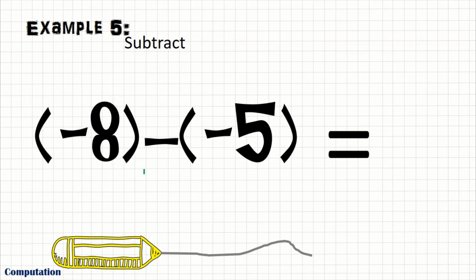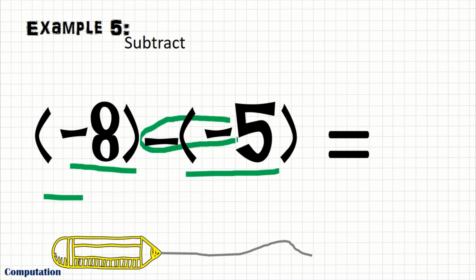Negative 8 minus negative 5. So, ano ang sign ni 8? Siya ay negative. Ano ang sign ni 5? So, magkatabi uli ang minus at negative. So, we will treat it as positive. Therefore, ang sign ni 5 ngayon ay positive. So, we have negative and positive, therefore, different signs.